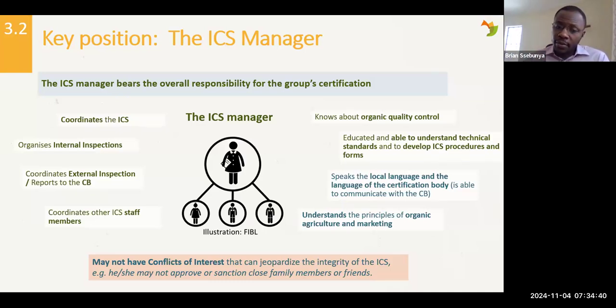And of course, yes, there is a bold one: you may not have a conflict of interest. That's why in most cases, a member, a farmer, or maybe a lead farmer as part of the group of operators, should not be the ICS manager. If you are one of the farmers, then it's very hard for you to take punitive action where somebody violates and you have to sanction them. You're a farmer, you always have a soft spot for fellow farmers.